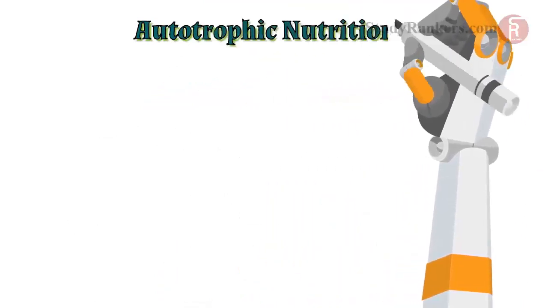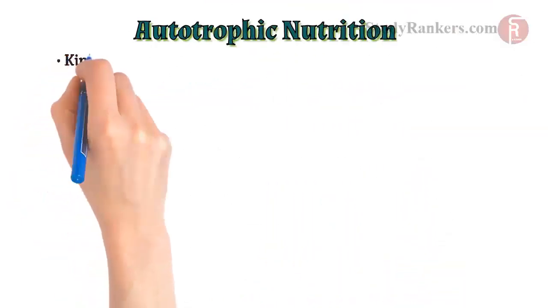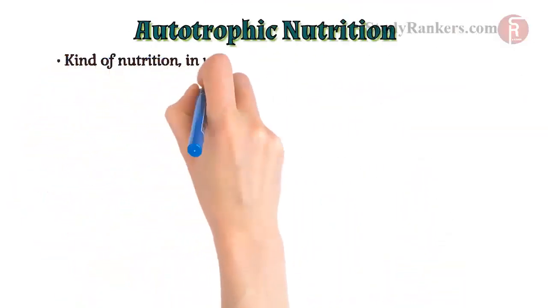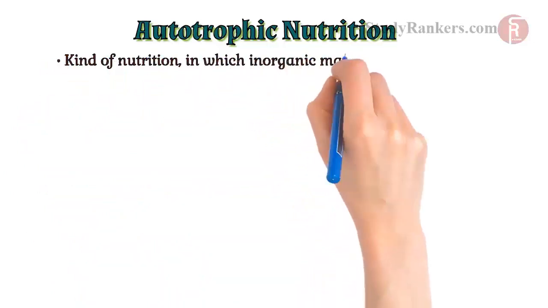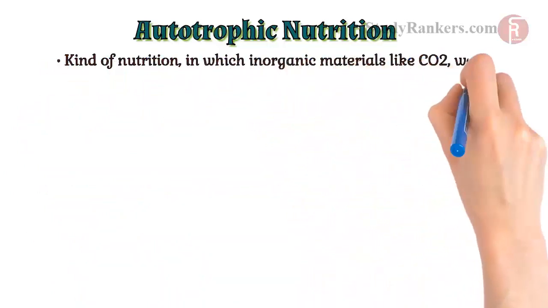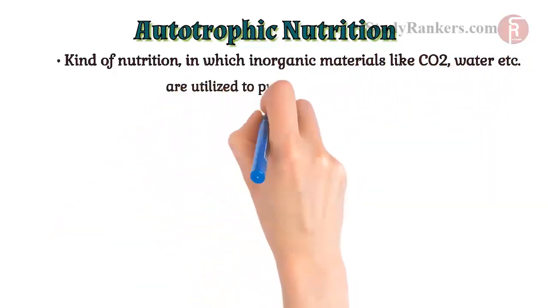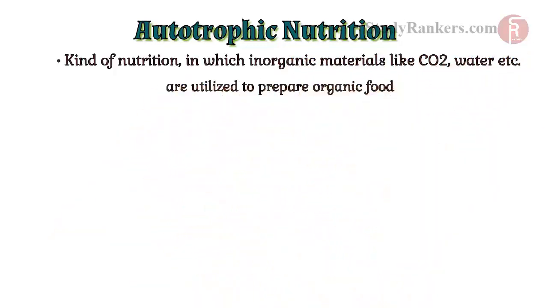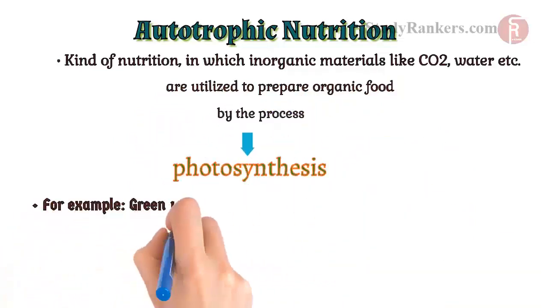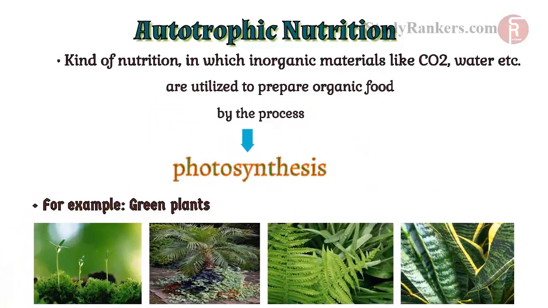Autotrophic nutrition. It is a kind of nutrition in which inorganic materials like CO2, water, etc. are utilized to prepare organic food by the process of photosynthesis. For example, green plants.